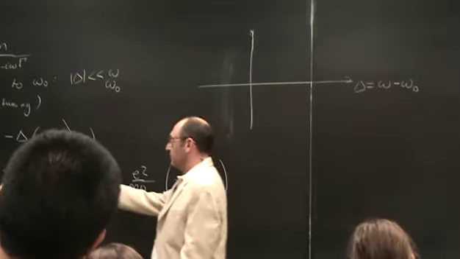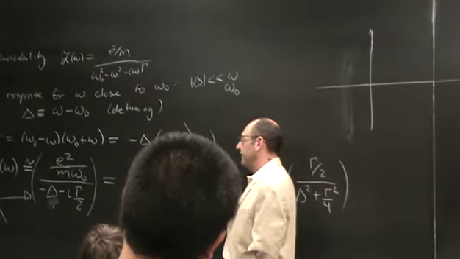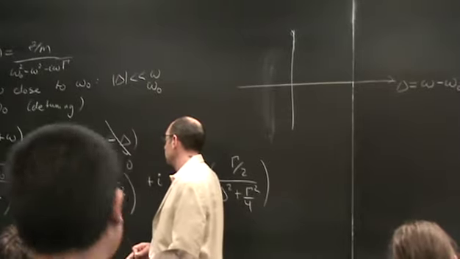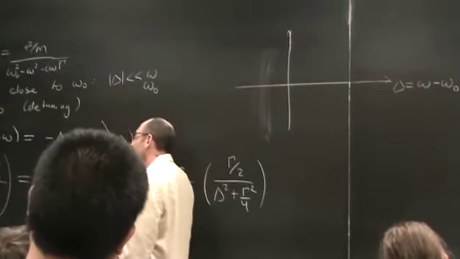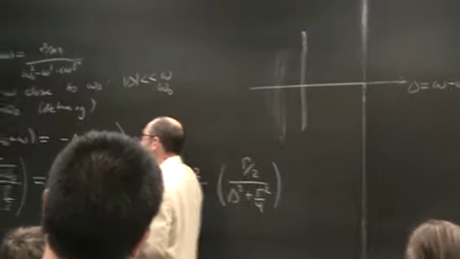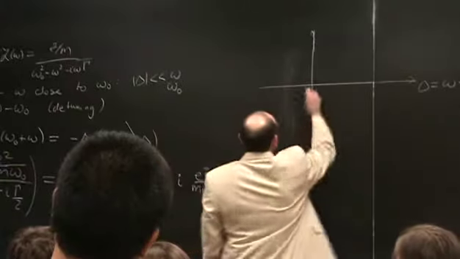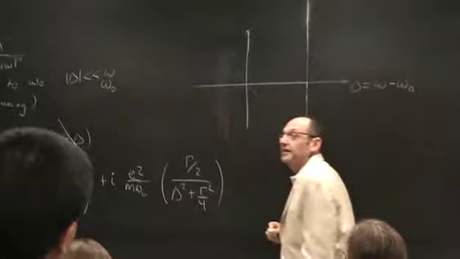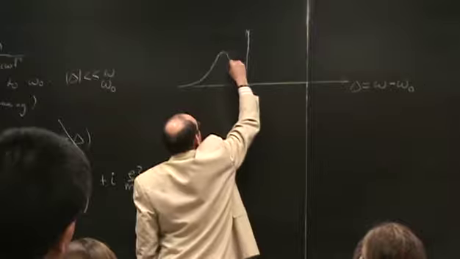So for delta small, meaning delta is small compared to gamma, this goes like 1 over delta. I'm sorry, that's the other way. When it's for delta big, this goes like 1 over delta. When delta is small, I can neglect that, it goes like delta, and I got this minus sign on it. So what this looks like, the real part, it's linear with a negative slope in the small region, and then it falls off like 1 over delta.